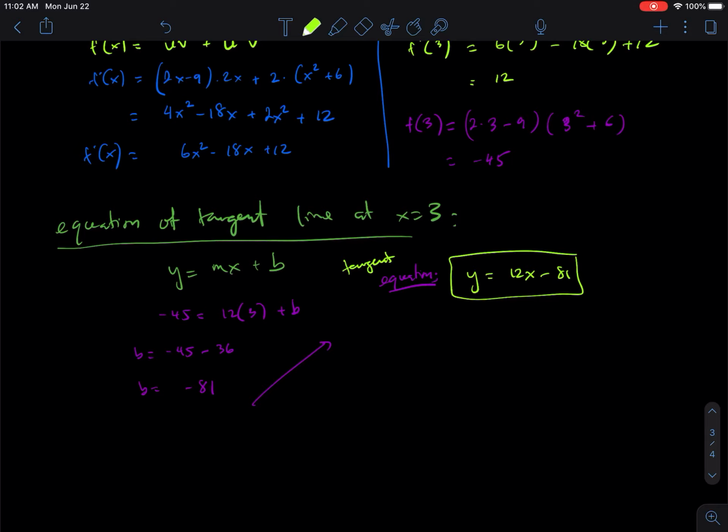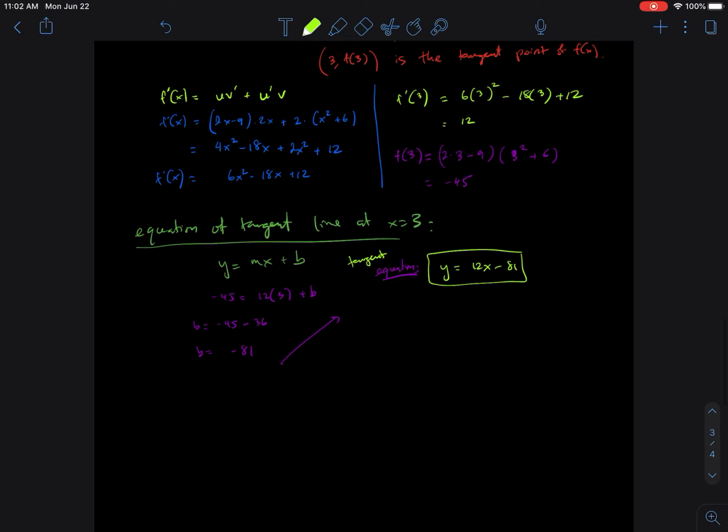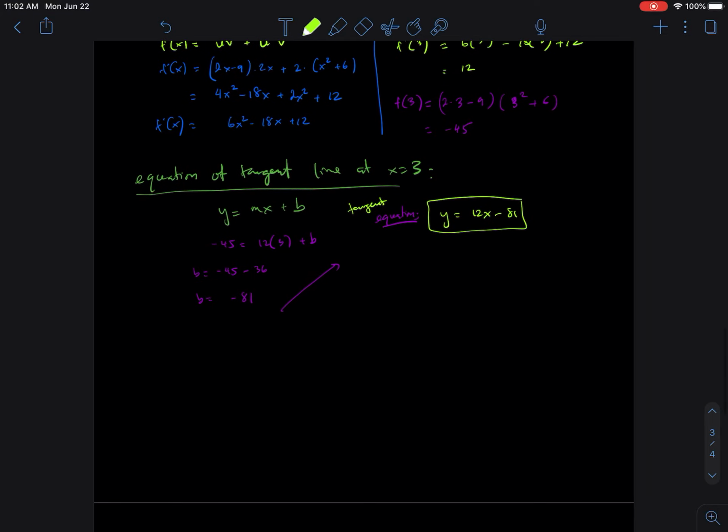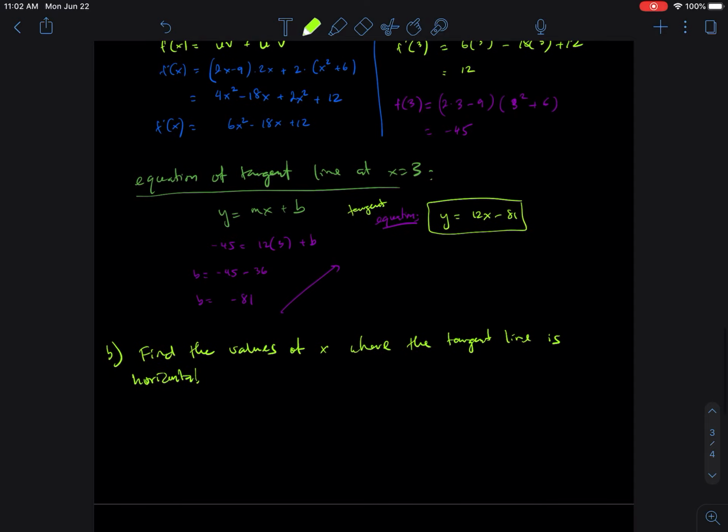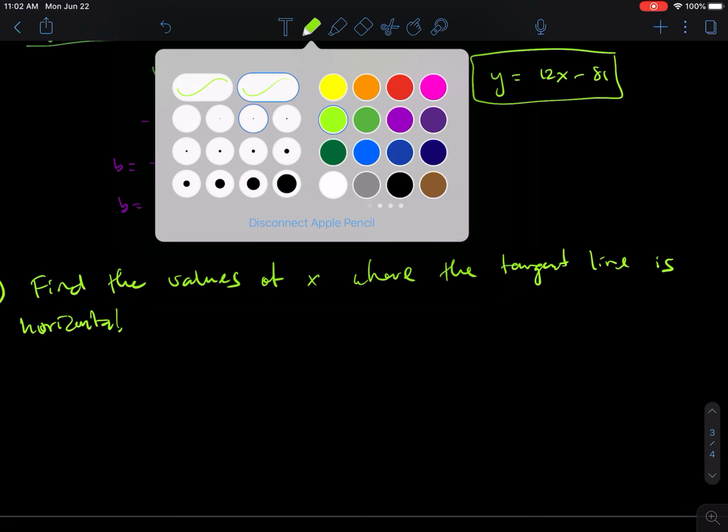Now the next part is asking a slightly different question. It's asking to find the values of x where the tangent line is horizontal. So this is asking for the value of x, not the equation.